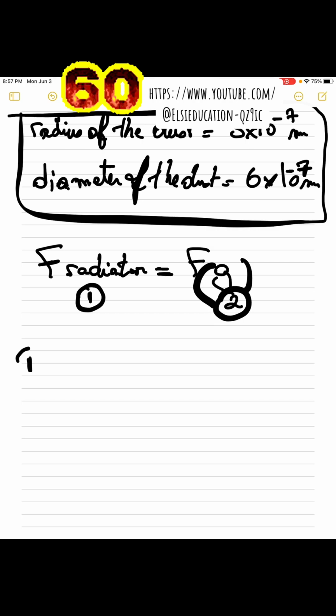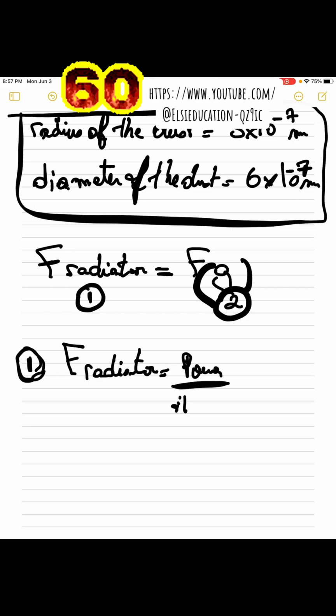So for the first equation, the force of radiation is going to be equal to power divided by the area of the sun, divided by the speed of light, multiplied by the area of the dust.